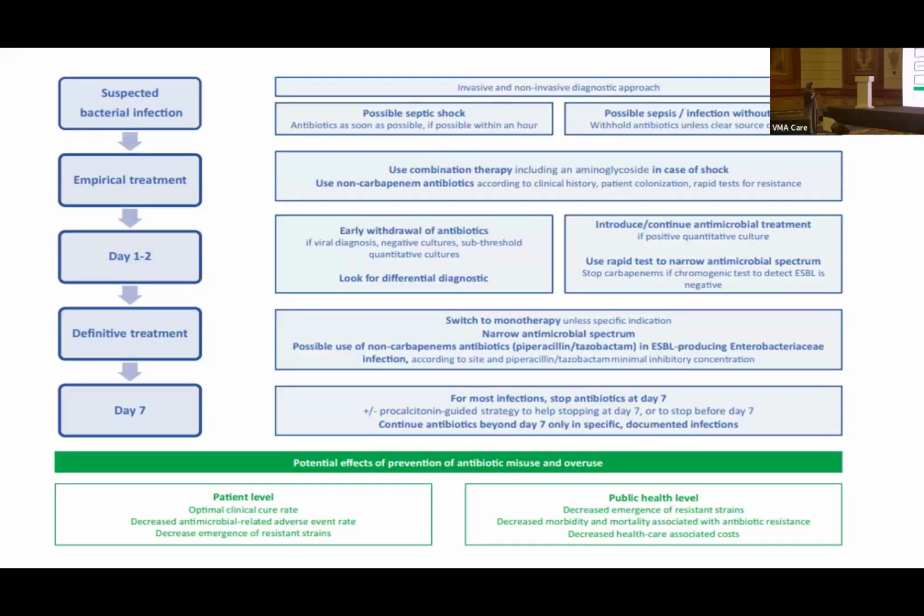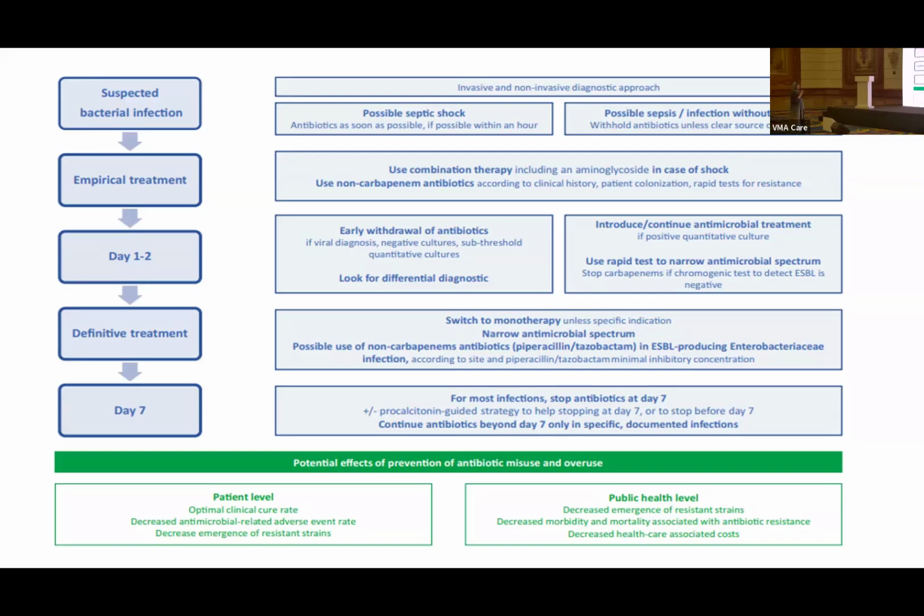This is a study that was published recently in 2023 that looked into a pathway on how to do, let's say, prospective audit and feedback in patients who are critically ill. They developed a pathway, or steps, to approach ICU patients. It starts whenever we suspect a bacterial infection in an ICU patient; it can be sepsis or septic shock in some cases.